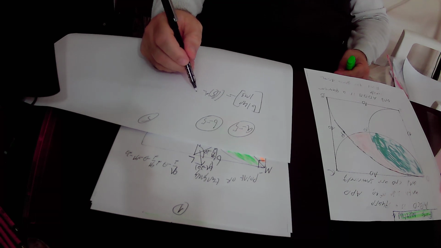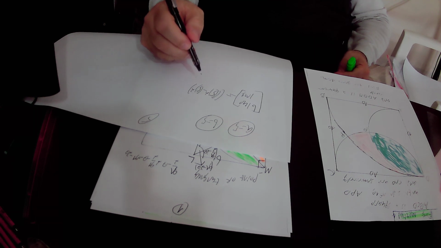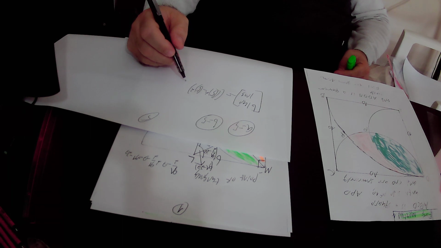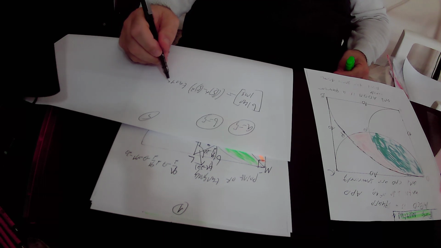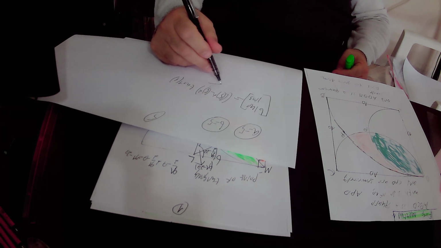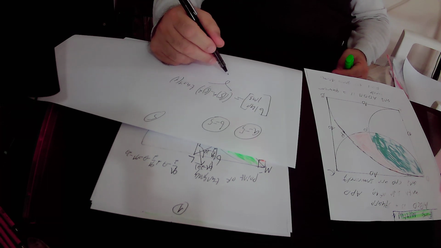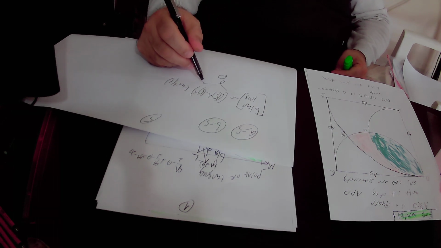B is 5, so B squared is 5 squared, times tangent minus 1 of B over A. B is 5 and A is 5, so it is 5 over 5, that is 1. So this expression equals 0 because 5 squared minus 5 squared is 0.